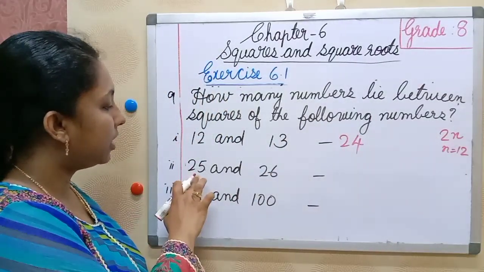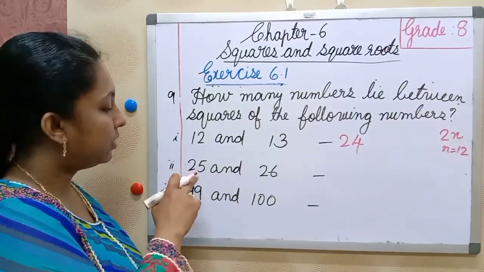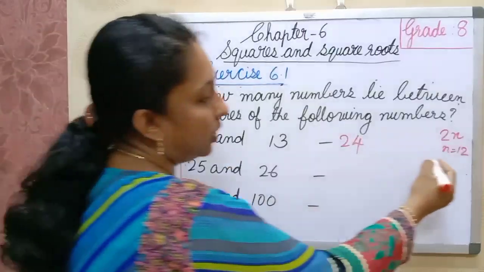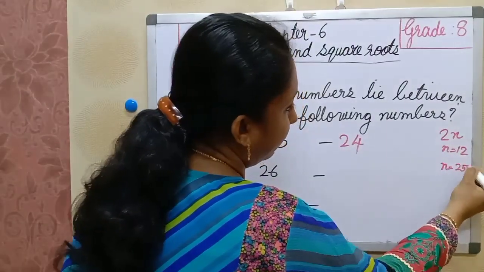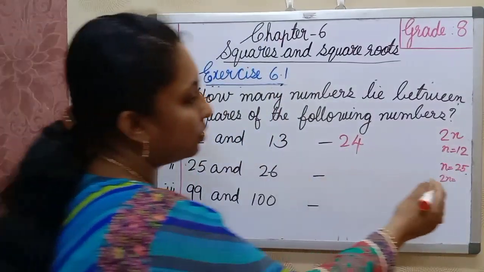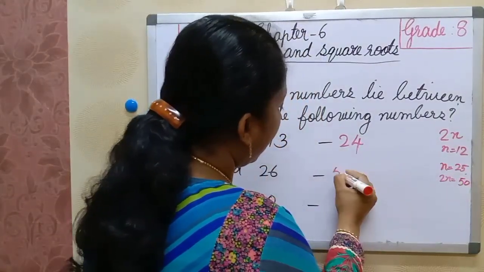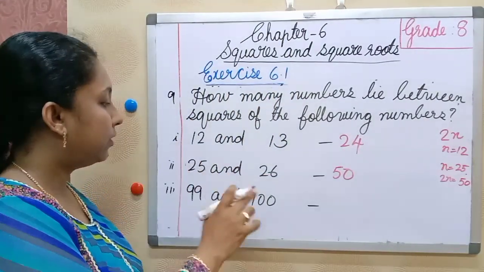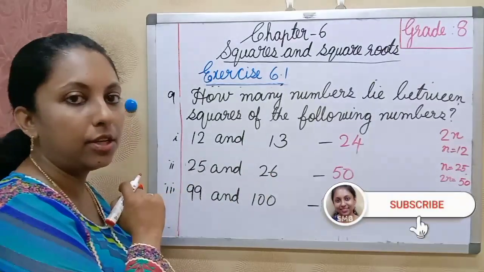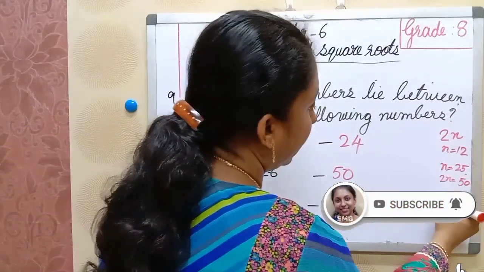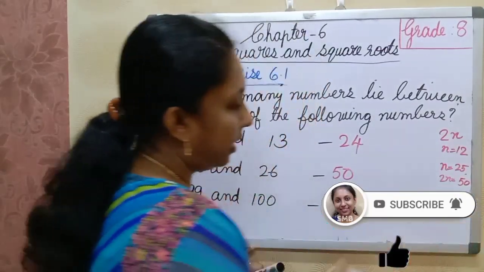Okay, the next question, 25 and 26. So n is 25. So 2n is equal to 25 into 2, 50. There are 50 natural numbers between the square of 25 and 26. Last question, 99 and 100. N is 99.